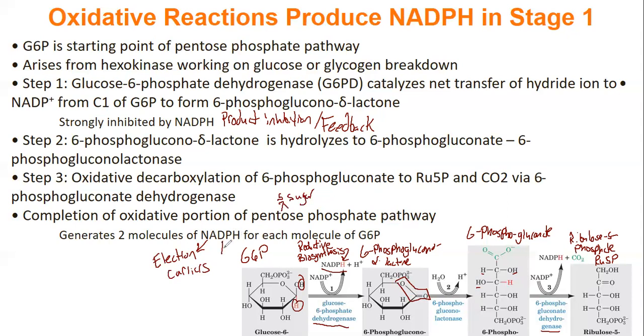And just as a further reminder, NADPH and NADH are different. They're not equal, and you cannot interconvert between the two, and they are used for different reactions. So don't forget about that, just in general. So that's the end of stage 1. And once that's done, we can go on to our second stage and use our ribulose 5-phosphate.